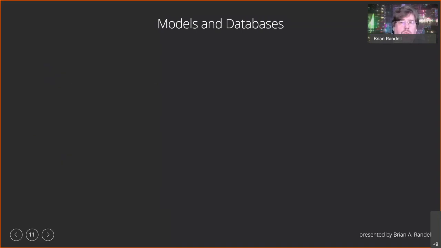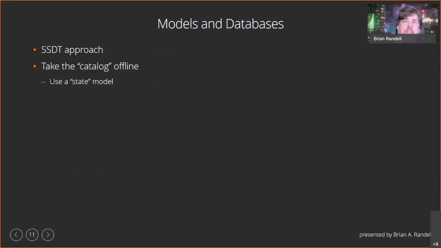Now, when coming up with tools and technologies to do this, there's kind of two approaches. One is the model approach. And this is what SSDT takes. The idea is that we're going to take the catalog or the definition of the database offline and use a state model. We're going to express that model in the form of DDL entities. And that's what we're going to work with.